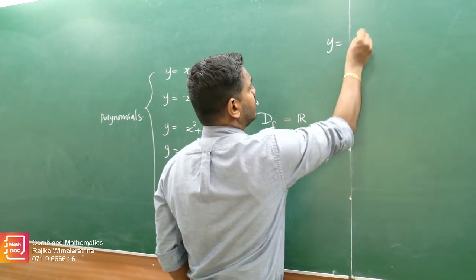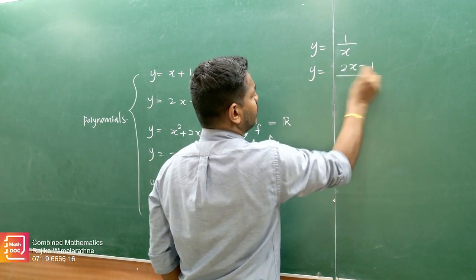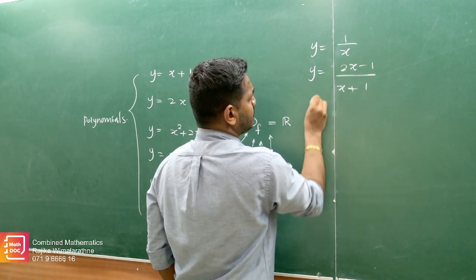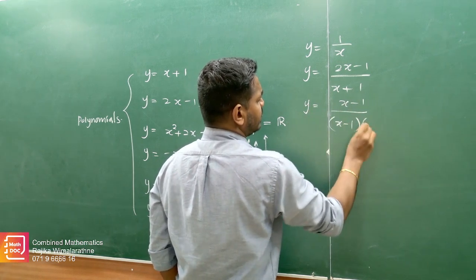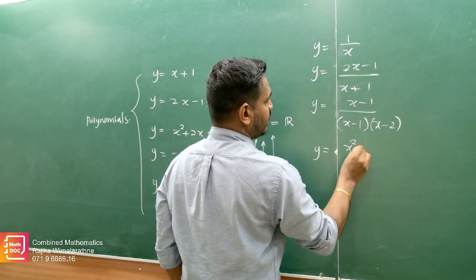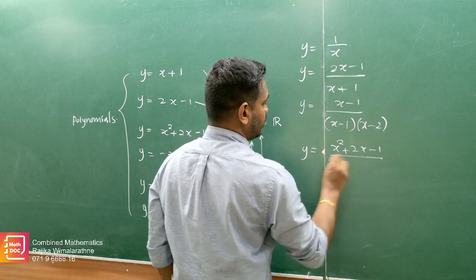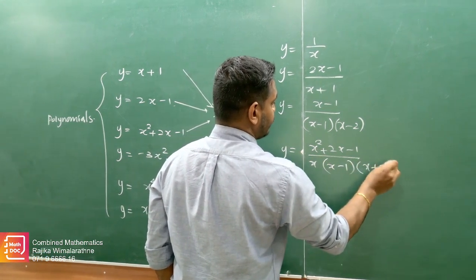Consider y equals 1 over x, y equals (2x minus 1) over (x plus 1), y equals (x minus 1) over ((x minus 1)(x minus 2)), y equals (x squared plus 2x minus 1) over (x(x minus 1)(x plus 5)).